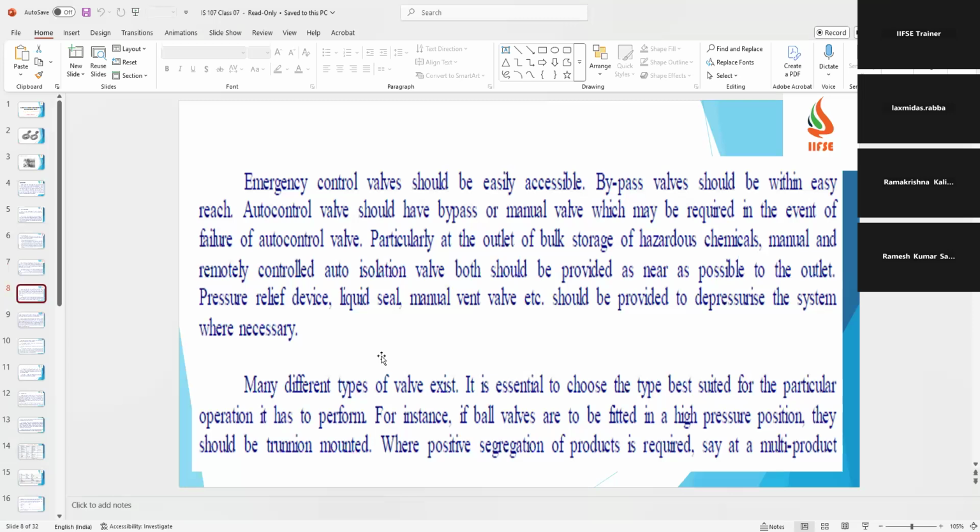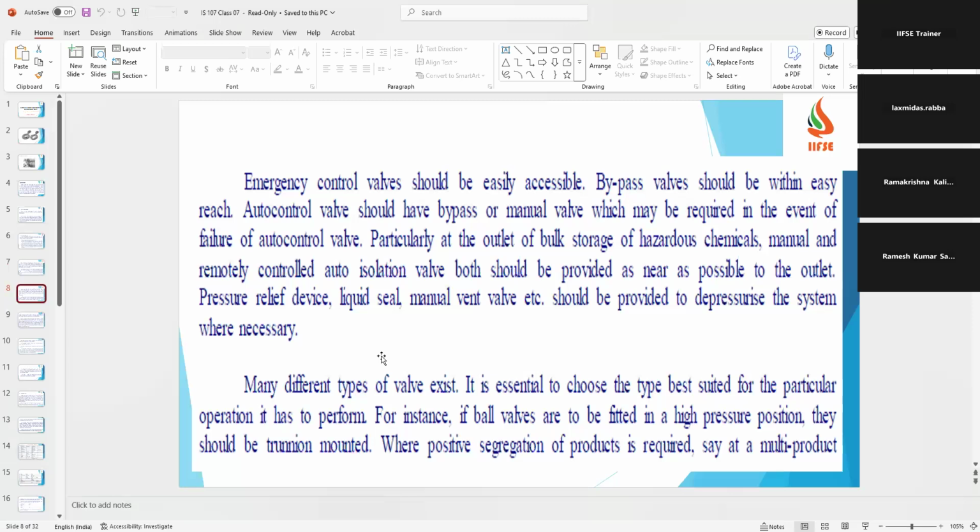So if you have a tank farm area where you have an outlet, you should have remotely controlled auto isolation as well as manual. And also there we have to provide pressure relief devices like PRVs or safety relief valves, liquid seals, and manual vents to relieve in case of any necessity.